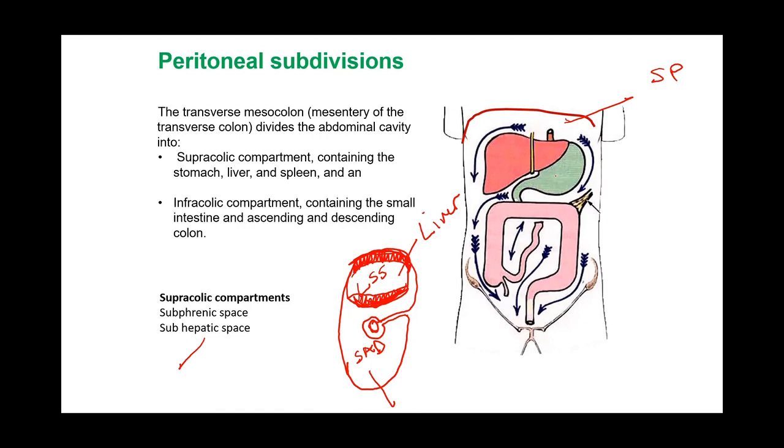This is the subhepatic that is further divided into the right part and the left part. Now, listen carefully. The right subhepatic space is also called the Morrison's pouch.